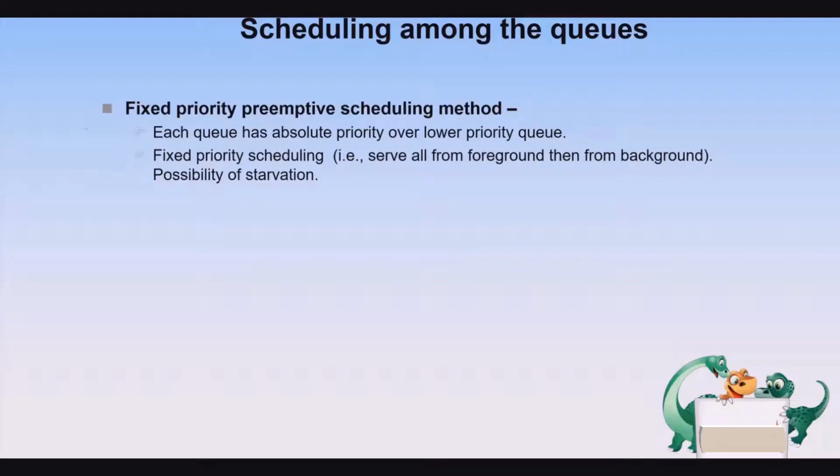So the foreground process will be given the highest priority in this fixed priority preemptive scheduling method, whereas the background process will be given the lowest priority. Alright, so there is a possibility of starvation with this method.